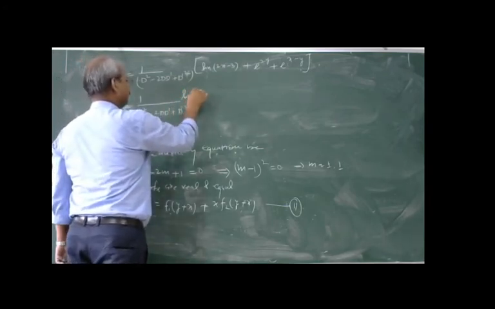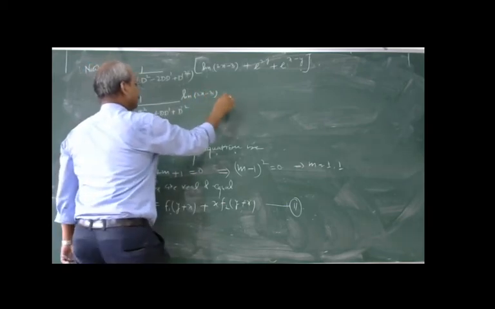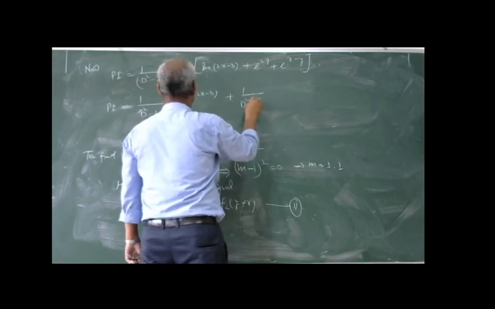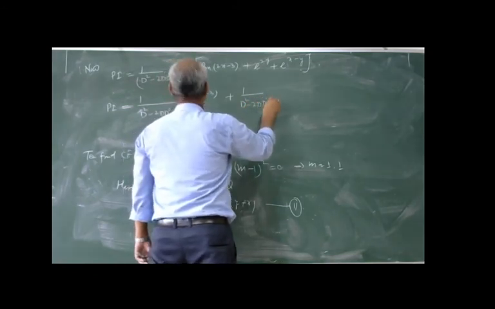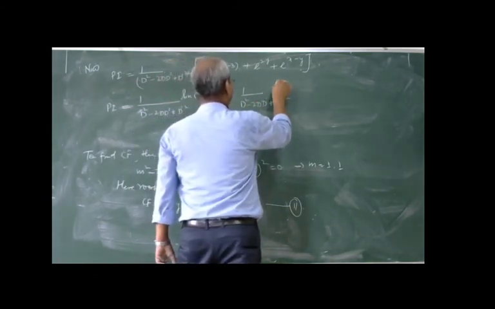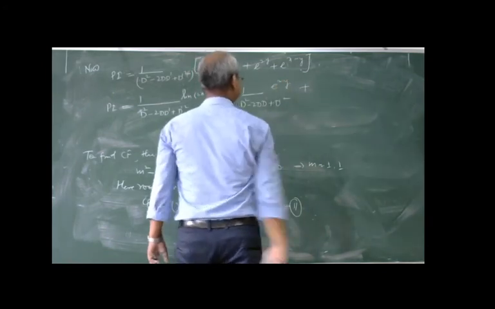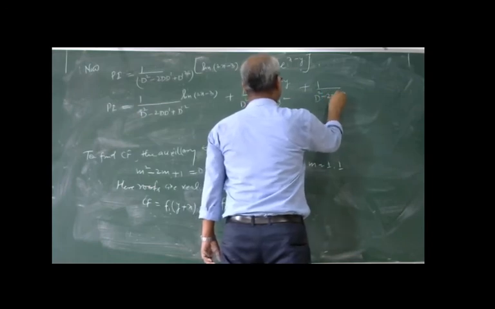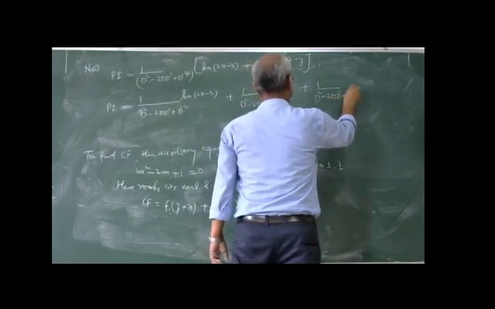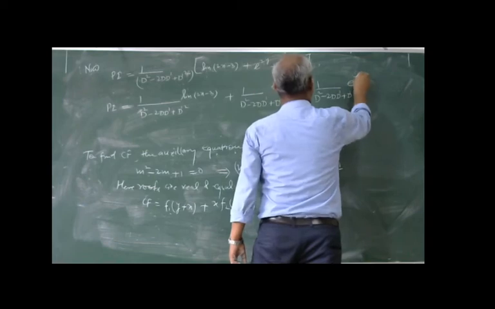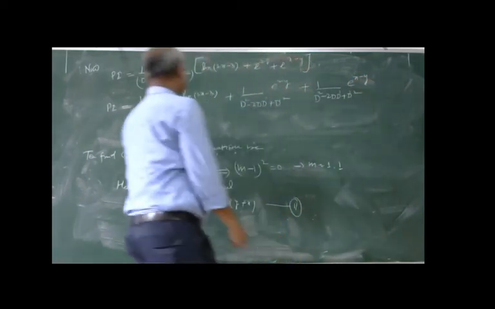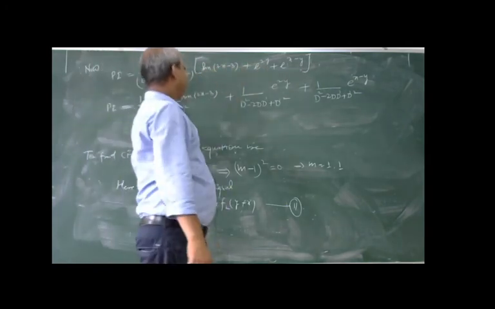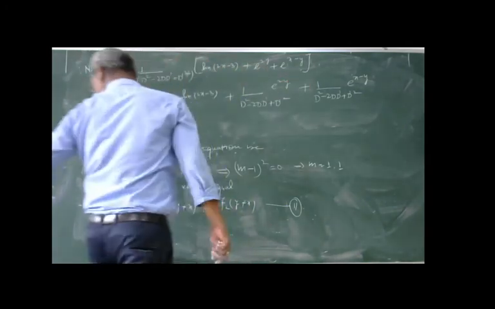Write it this way: sin(2x minus 3y), plus again 1 upon D square minus 2DD' plus D' square into e to the power 2y, plus 1 upon D square minus 2DD' plus D' square into e to the power x minus y. Do it like this: this into this, this into this, this into this. Okay, student?